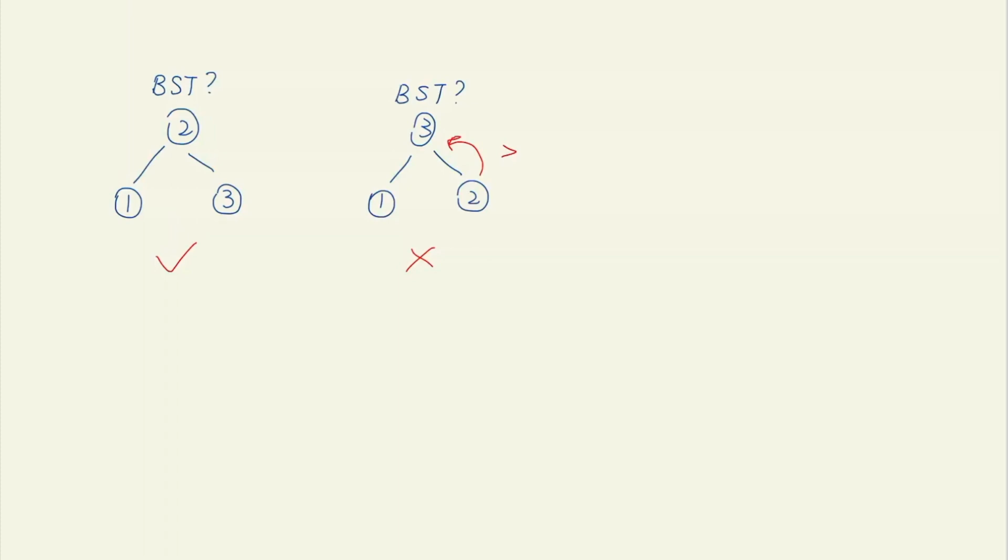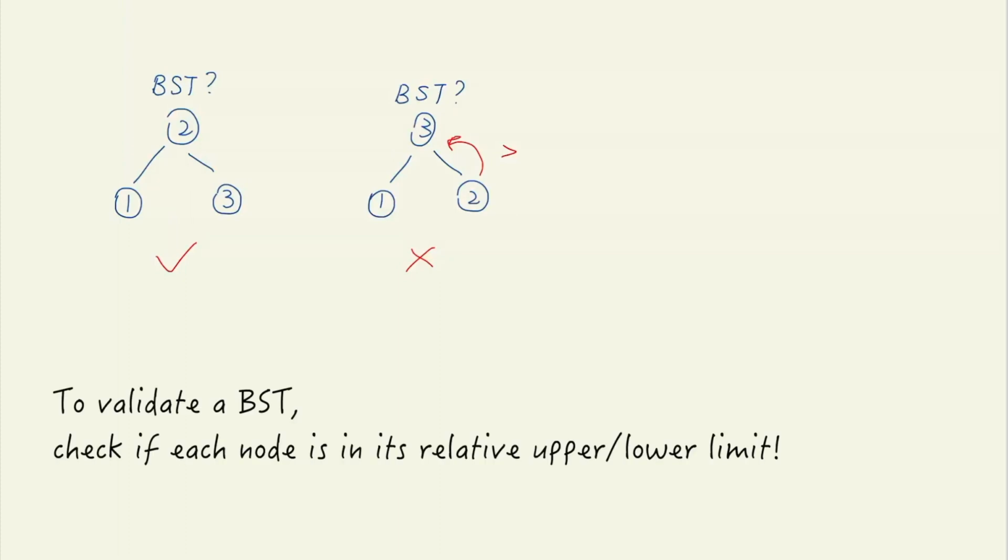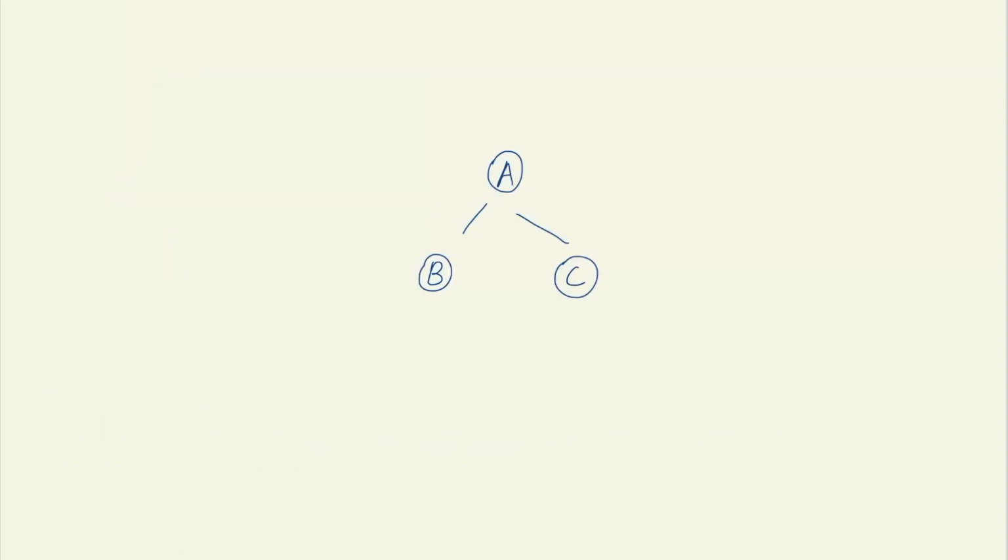So basically for this question, to validate whether it is a BST, we need to check for each node whether the value of each node is in the correct range. If the node is the right child of a parent node, its value needs to be greater than its parent node.